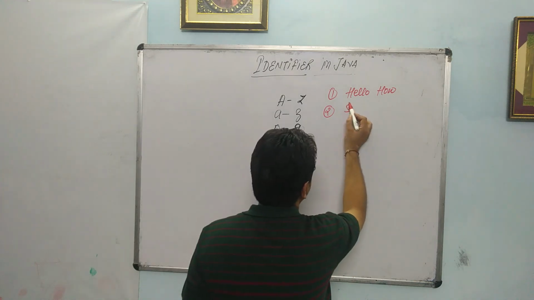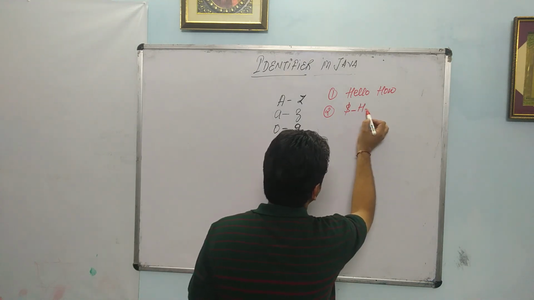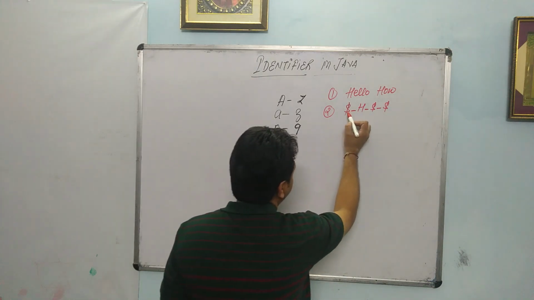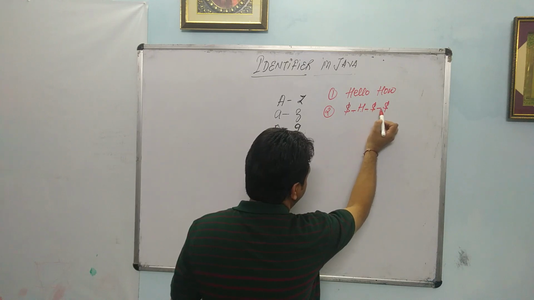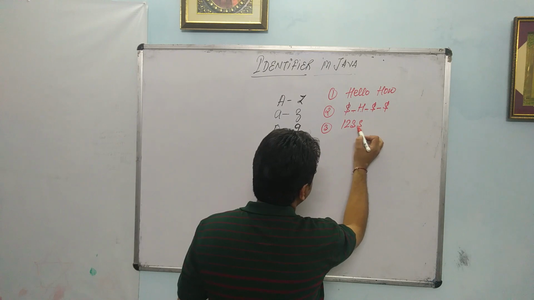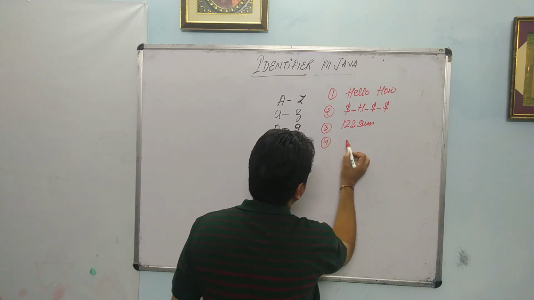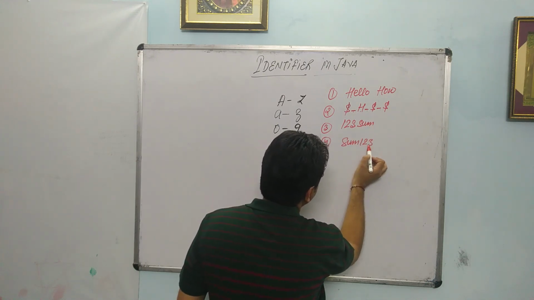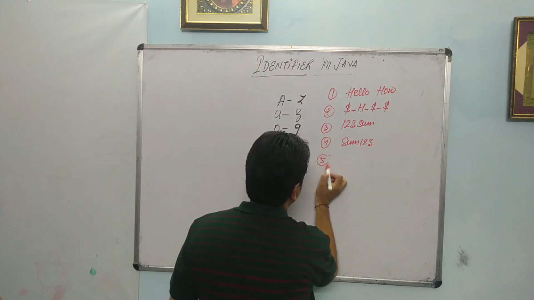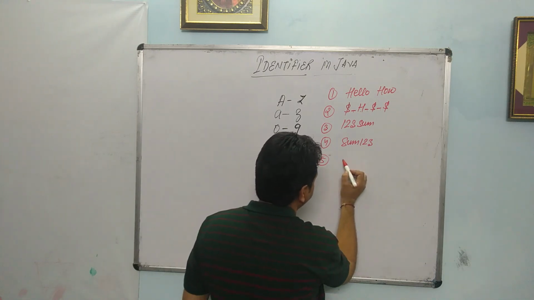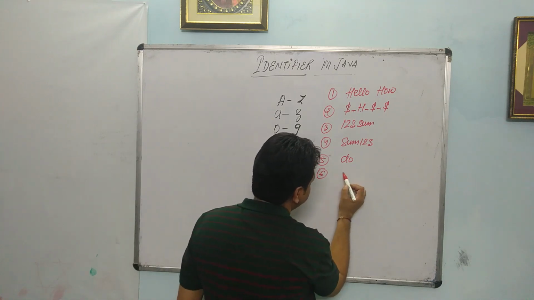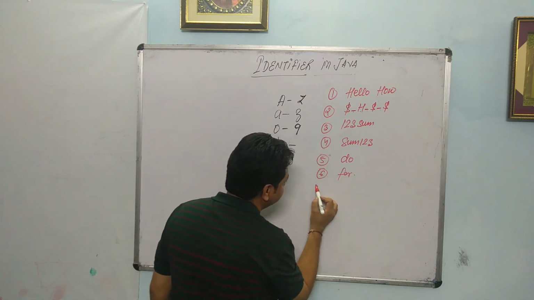Second, dollar underscore h underscore dollar underscore h dollar. Dollar underscore h underscore dollar underscore dollar. Third, 1 2 3 sum. Fourth, sum 1 2 3. Fifth one, do. Sixth one, for.